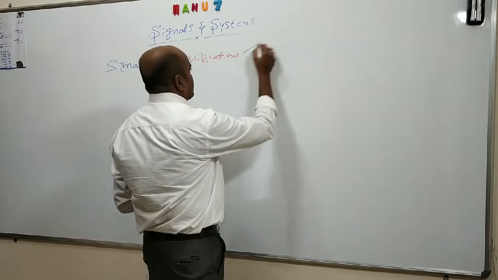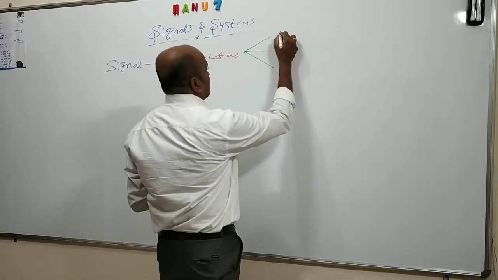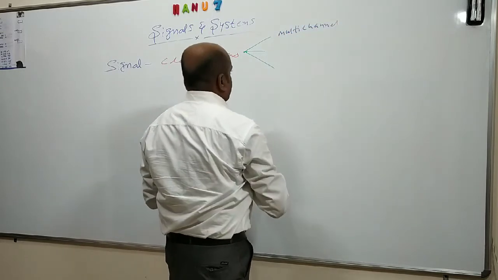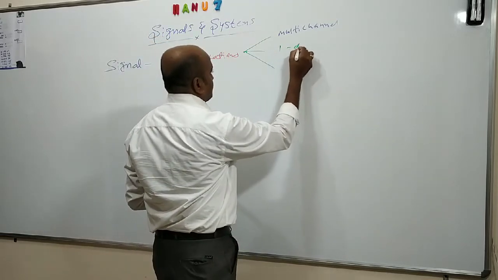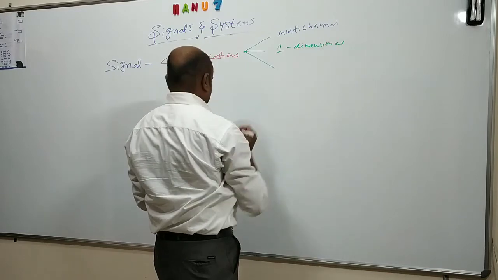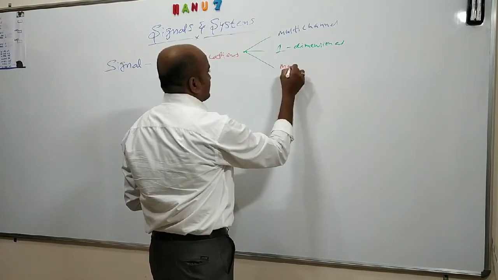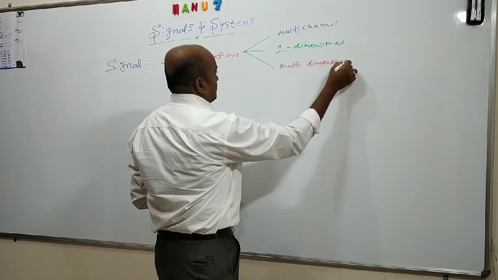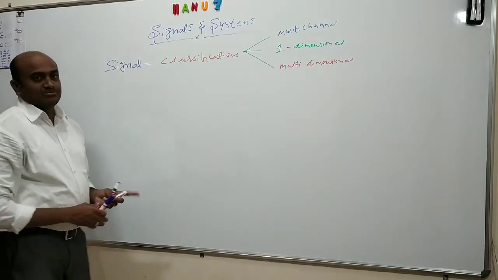Signals are classified as multi-channel, one-dimensional, or multi-dimensional. Signals are of three types: multi-channel, one-dimensional, multi-dimensional.